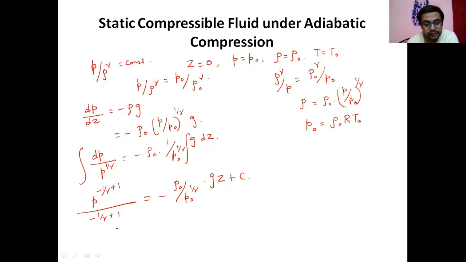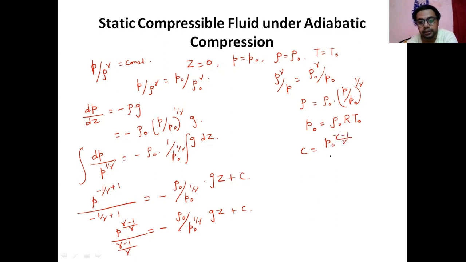So P to the power (gamma minus 1) by gamma, minus 1 by gamma, is equal to minus rho 0 by P0 to the power 1 by gamma, g z, plus C. So C will come as P0 to the power (gamma minus 1) by gamma.